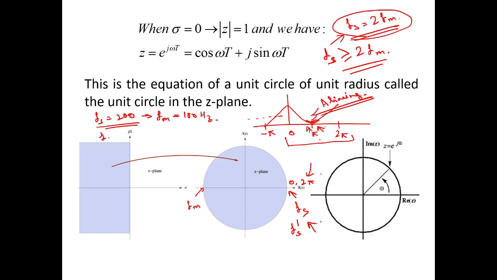Now you have increased the sampling frequency to say 300. Now this point and this point are fixed. You have fixed this 2 pi as the 300. So over here it will be 150.